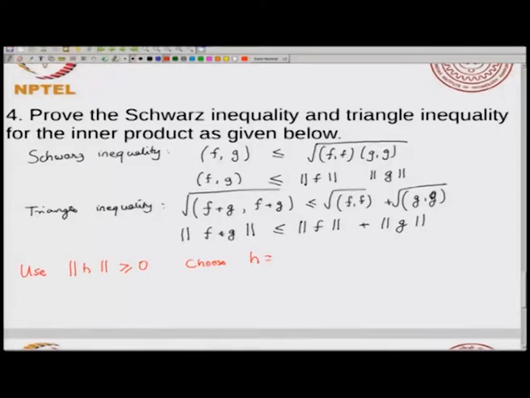Then what I will do is I will choose H equal to F minus G times (F comma G) divided by (G comma G).